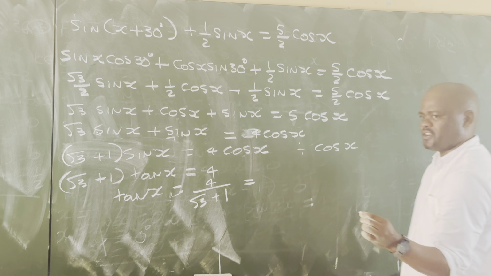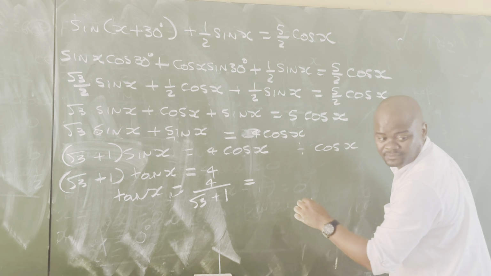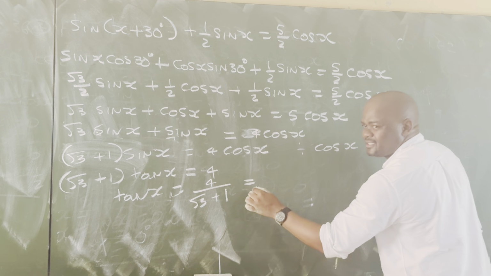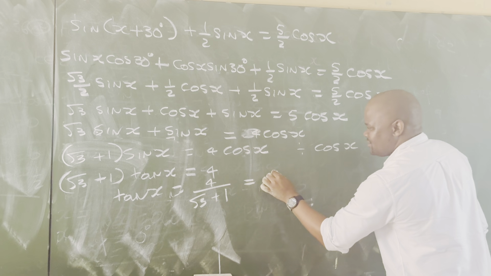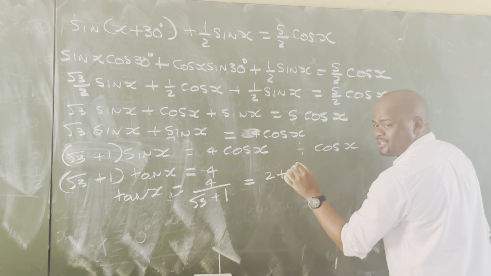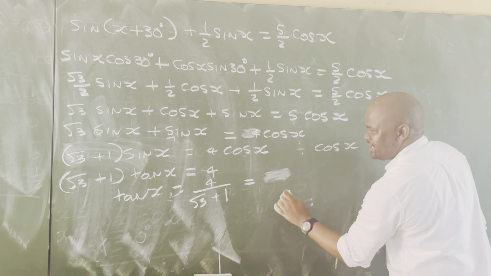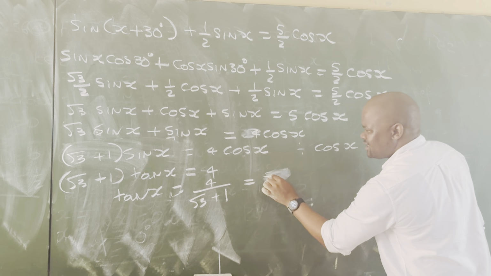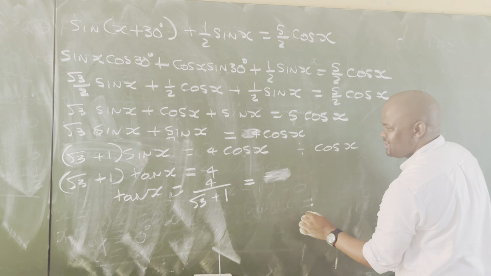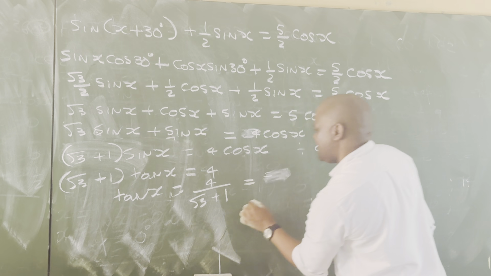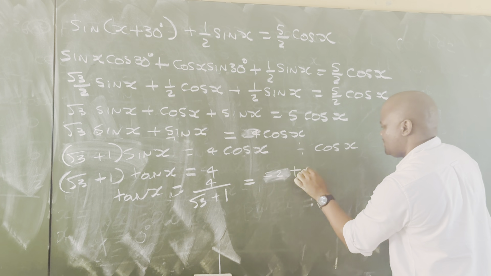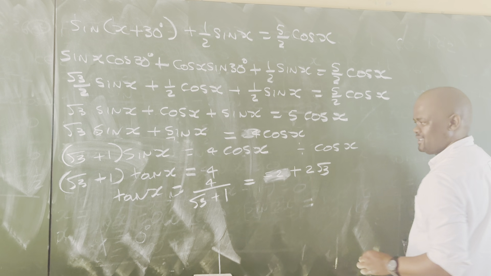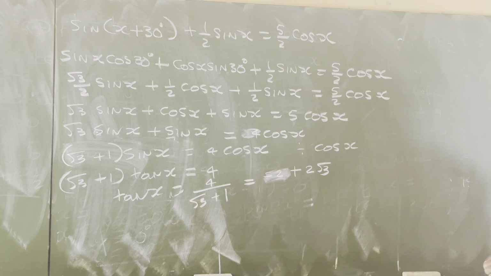Then you can give me the rationalized form, which will be 2 plus negative 2 root 3, like this.